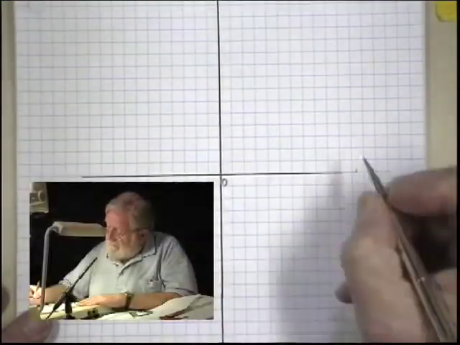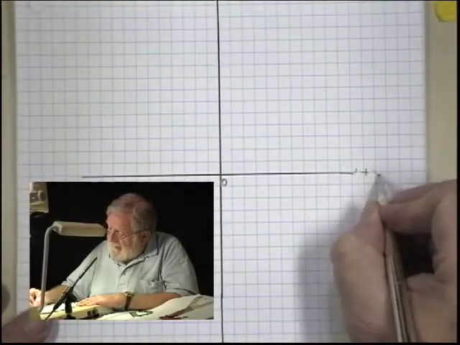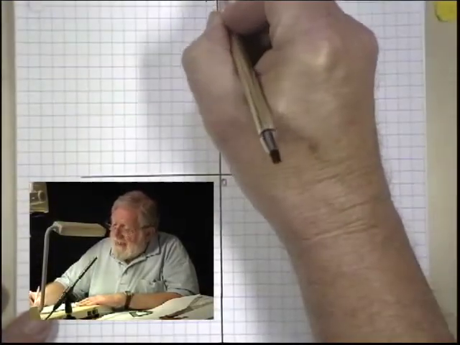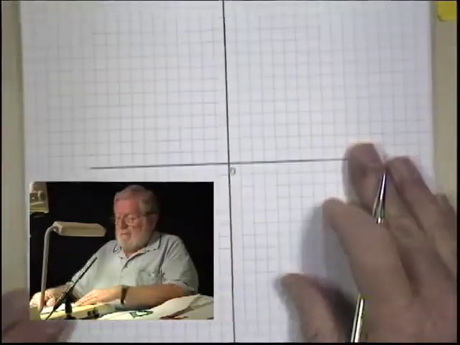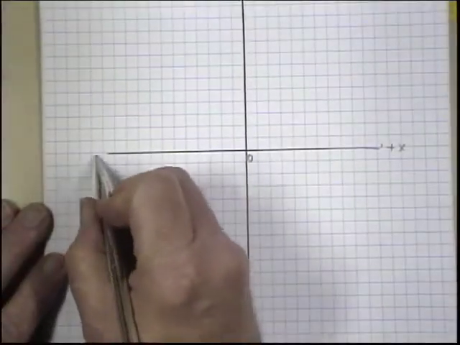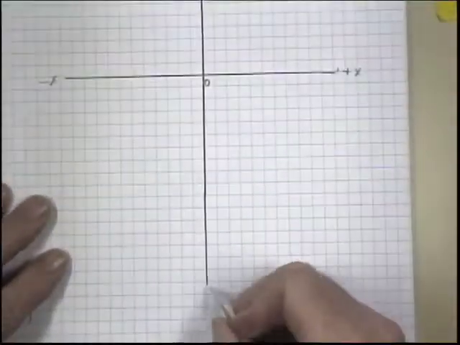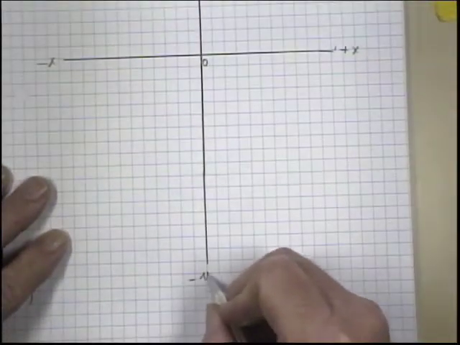So this is 0. This is a positive x, positive y up here, minus x over here, and a minus y way down here.